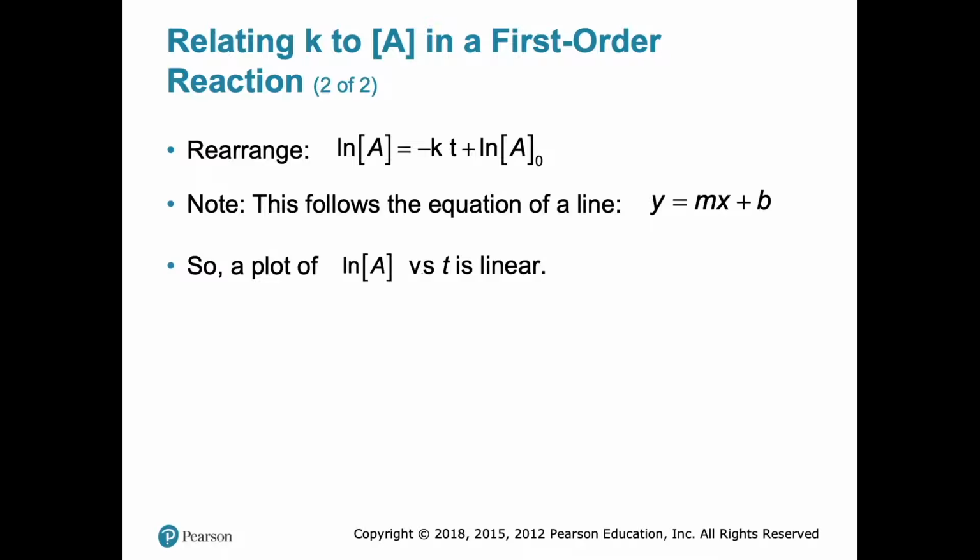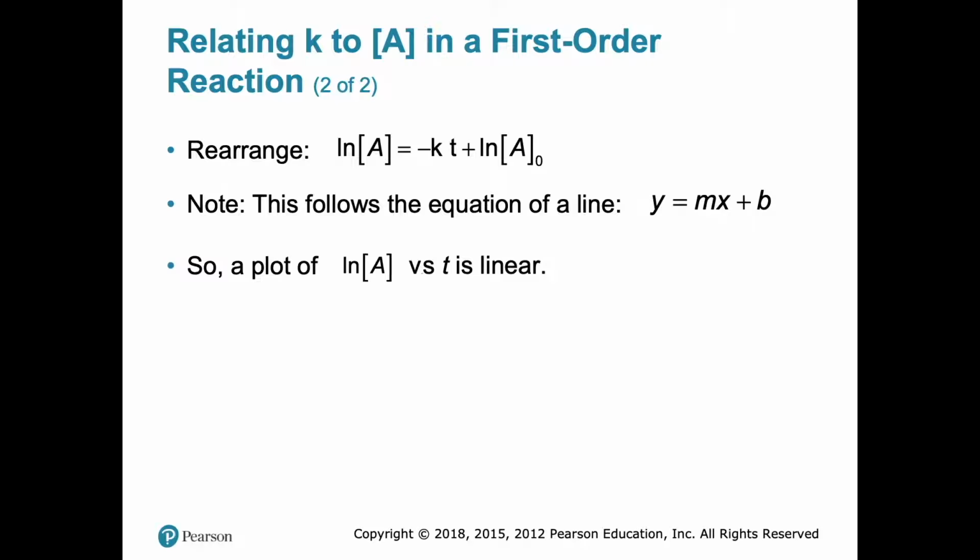Notice now it's the positive ln A equals the negative kt plus the ln of the initial A. That comes from the quotient law. The reason why we did this is because this is called the integrated rate law.